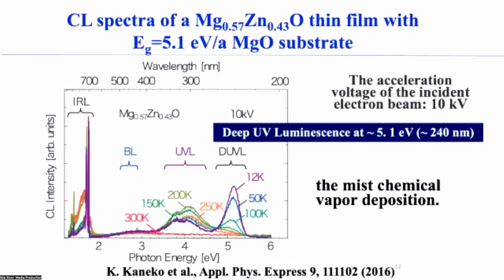And Kaneko-san reported successful spectra of magnesium zinc oxide thin films with a wide bandgap of 5.1 electron volt deposited on a magnesium oxide substrate.